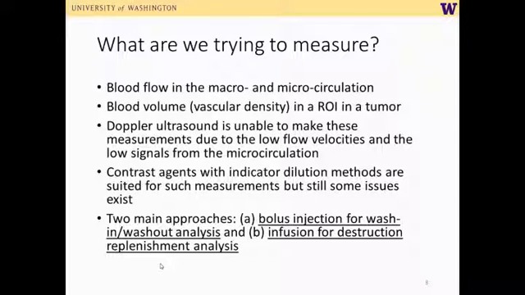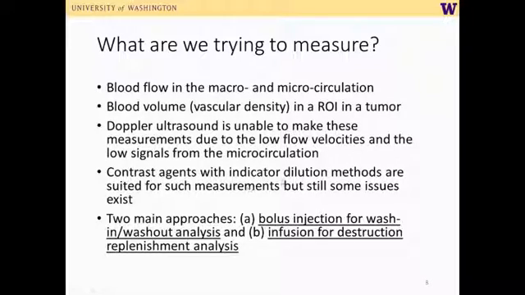So what are we trying to measure with contrast-enhanced ultrasound? We want to measure blood flow in the macro and micro circulation. And we also want to measure blood volume or vascular density in a region of interest in a tumor. Doppler ultrasound without microbubbles is unable to make these measurements because in the microcirculation we have very low flow velocities, and that's not possible to measure with Doppler.